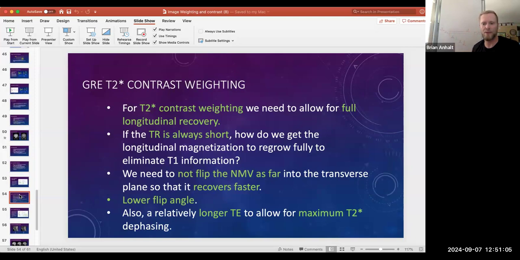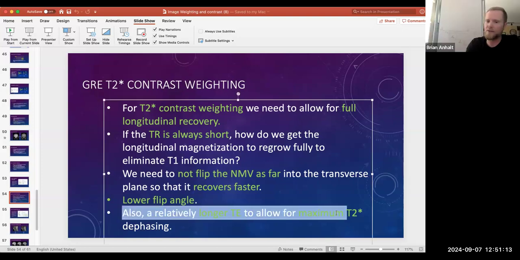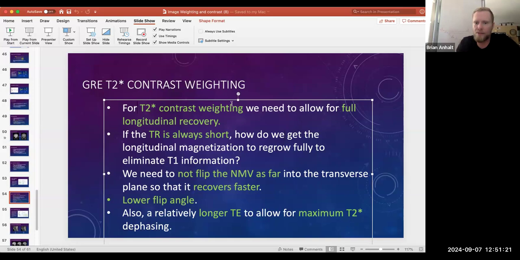And then what else would we want to do maybe? Higher TE. A relatively longer TE to allow for maximum T2 star dephasing. So look here. For T2 star contrast, we need to allow for full longitudinal recovery, eliminating T1 information. That's the whole point in that.